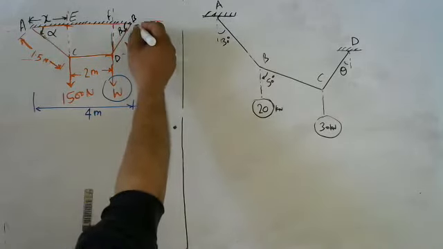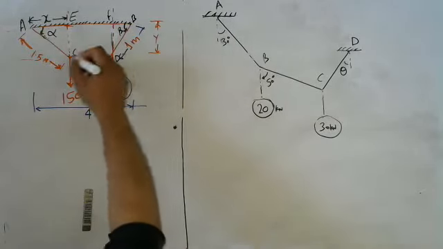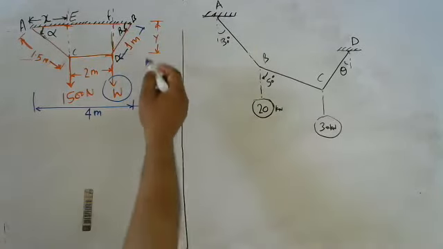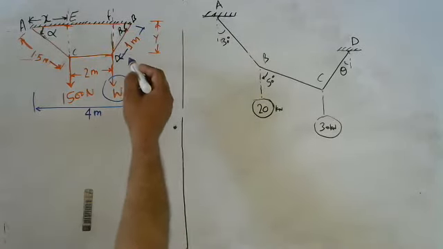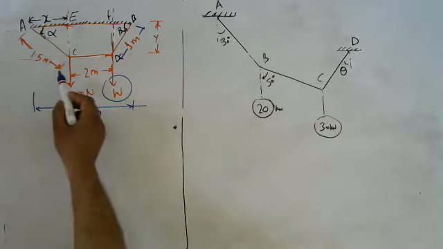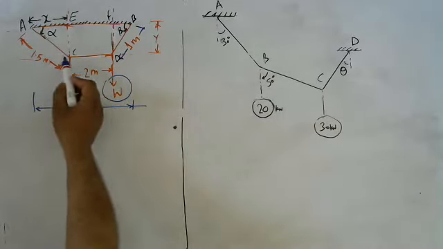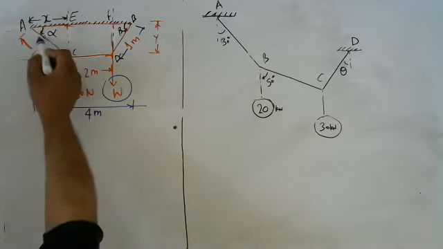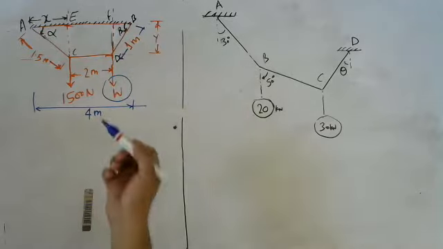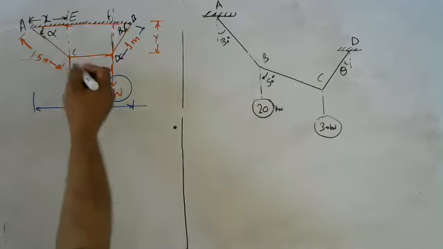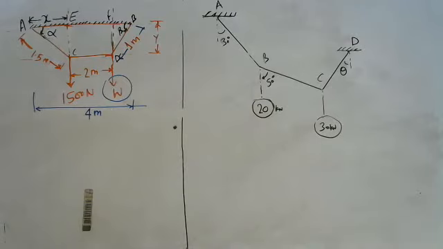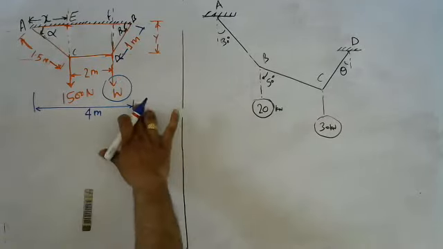So this distance is 1 meter. The total length of rope is 4.5 meter. What load is necessary to keep the position CD level, as this angle is alpha and this angle is beta, we assumed, to keep the system in the same shape like that.